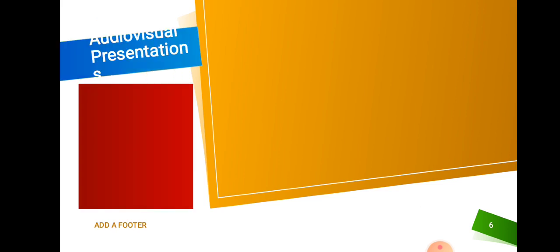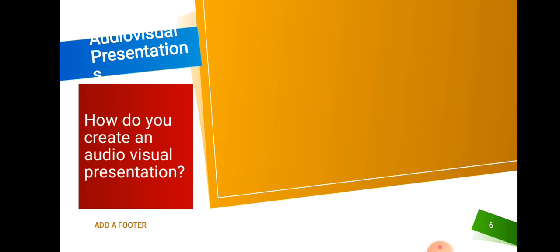So let's proceed to the next slide. How do you create an audiovisual presentation? The first one is, select an effective presentation format, for example PowerPoint or video. Like what I am doing now, this is an example of an effective presentation format.